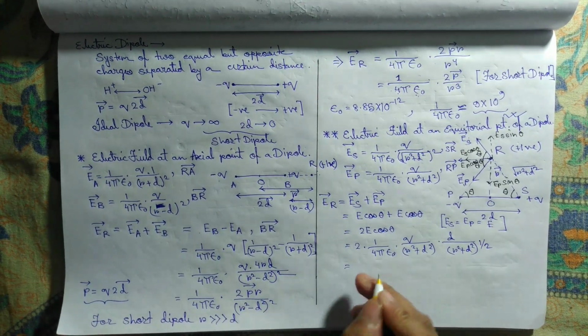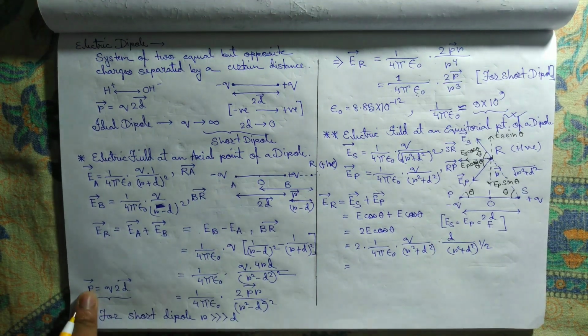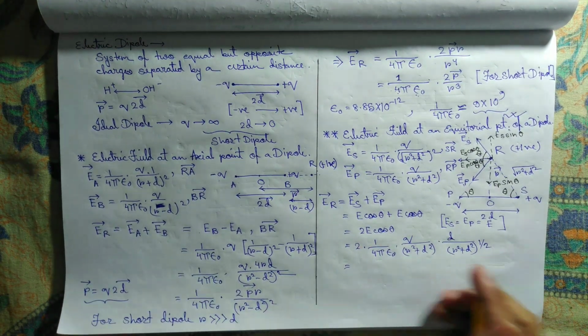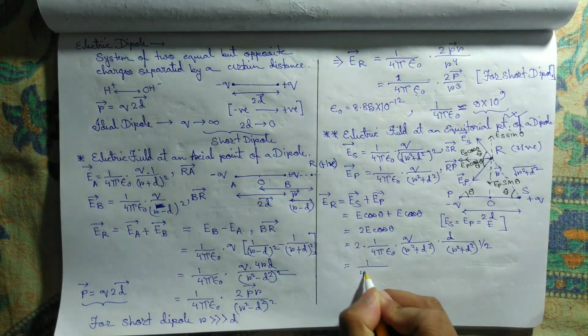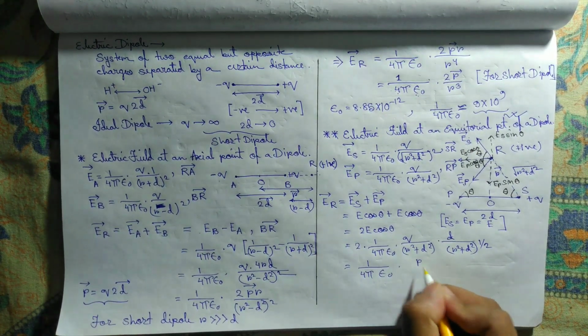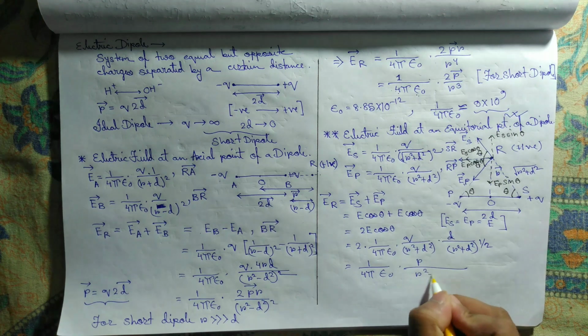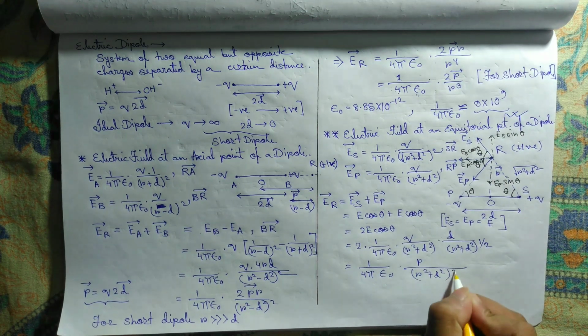So now look at that upper point, 2QD. What is P? P is Q into 2D. So we can substitute that. Make this form as it is, and we can substitute 2QD as P over (R square plus D square) whole to the power 3 by 2.